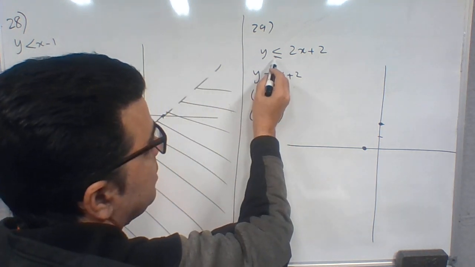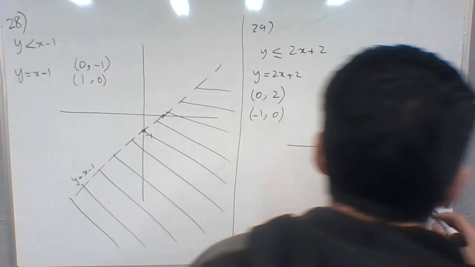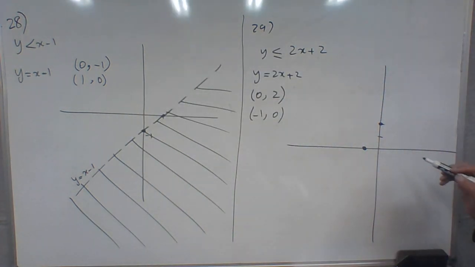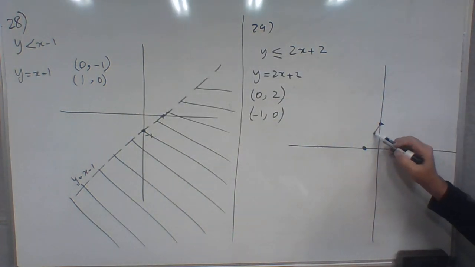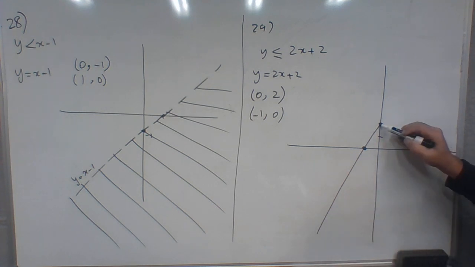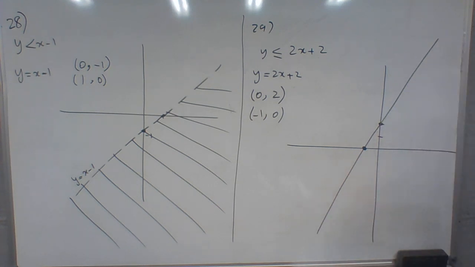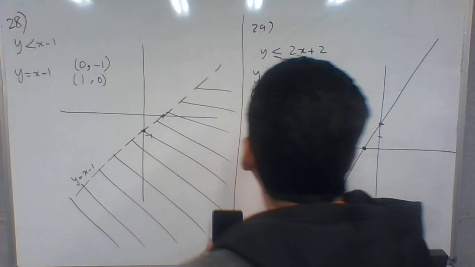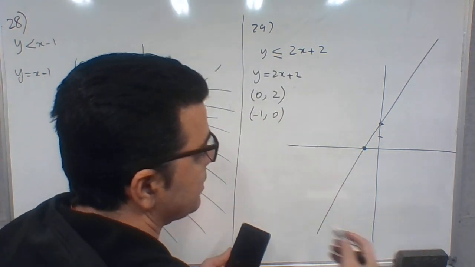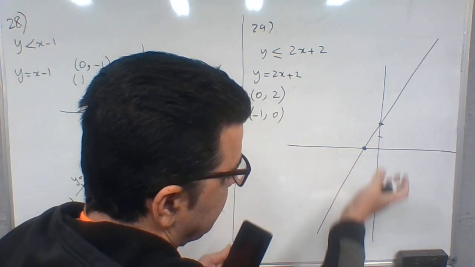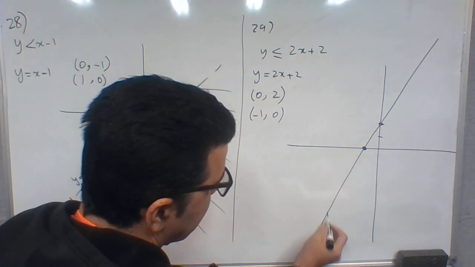This contains equality, so we keep the line fully shaded. This is the line, and y is less than something, so it goes toward lower y's. So it is this part.